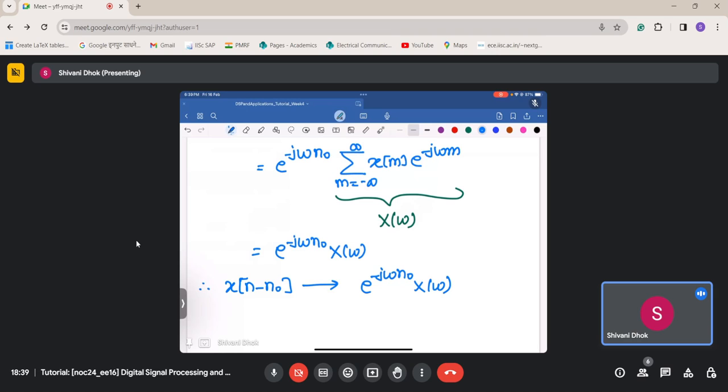Now we'll try to use this property to solve the same question that we have solved a bit before.